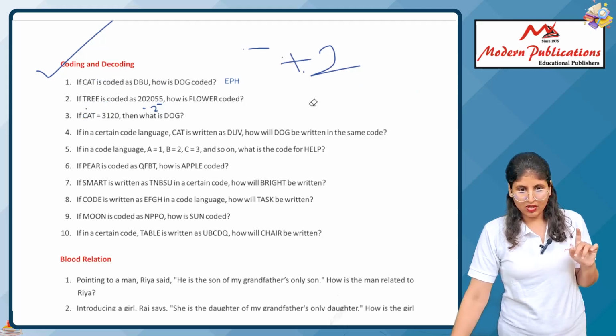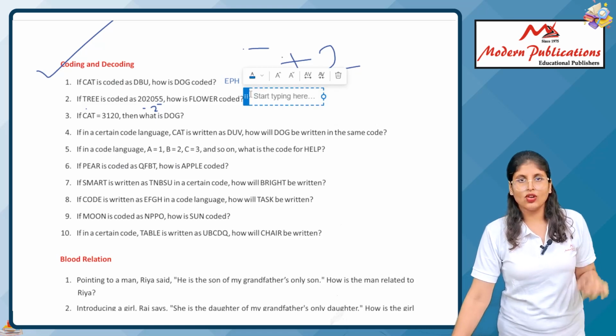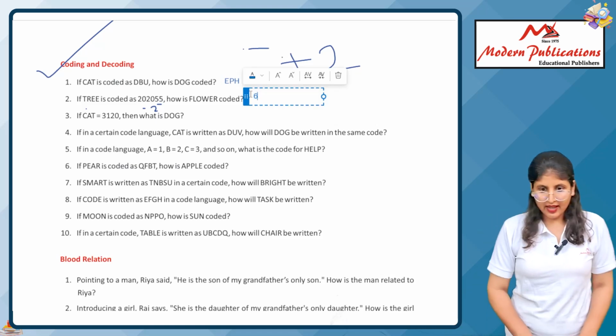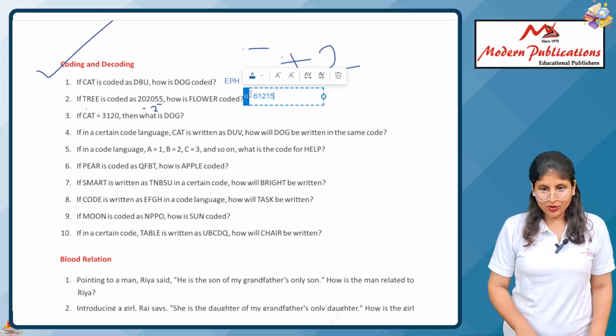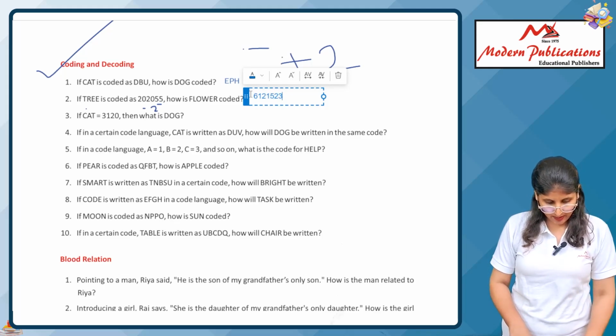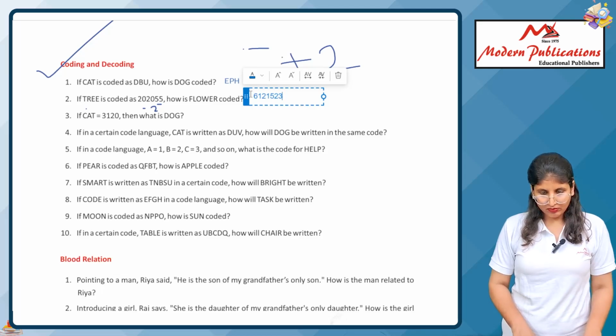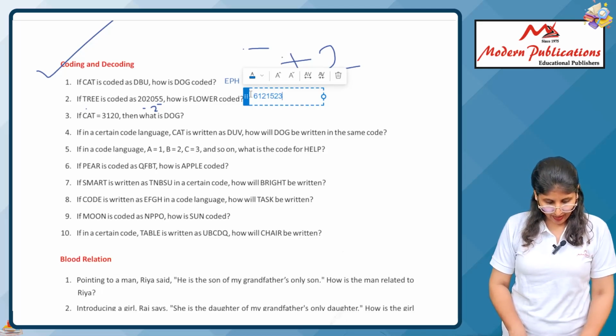So the flower code is, let's see. First of all, tell me F comes on 6. Next, L comes on 12. And O comes on 15. W comes on 23. And E comes on 5.